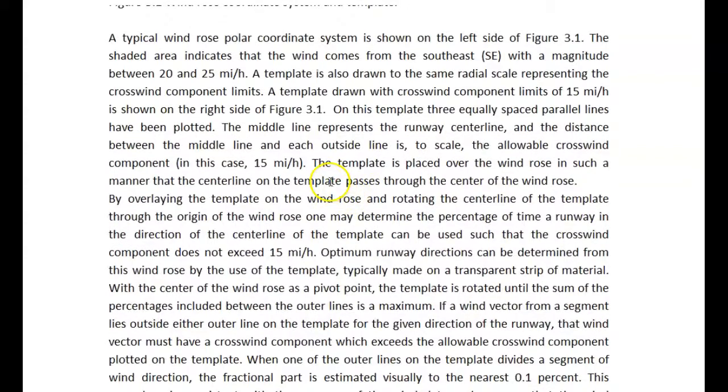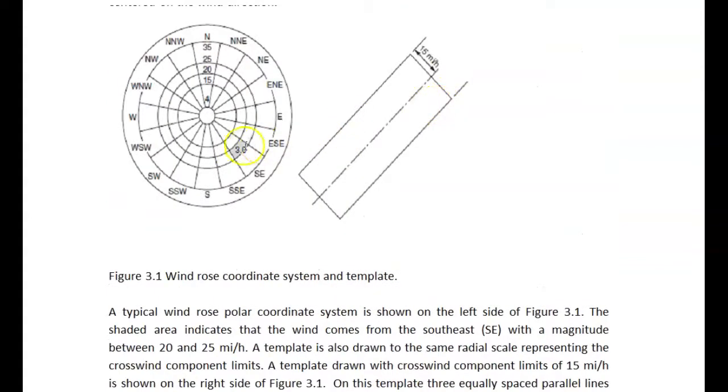So a typical wind rose polar coordinate system is shown on the left hand side. That's what we've just seen. The shaded area indicates that the crosswind comes from the southeast. So you can see it from here, this is a shaded area.